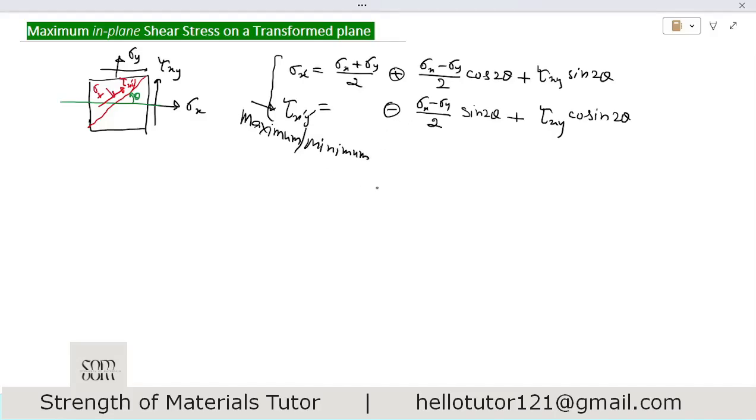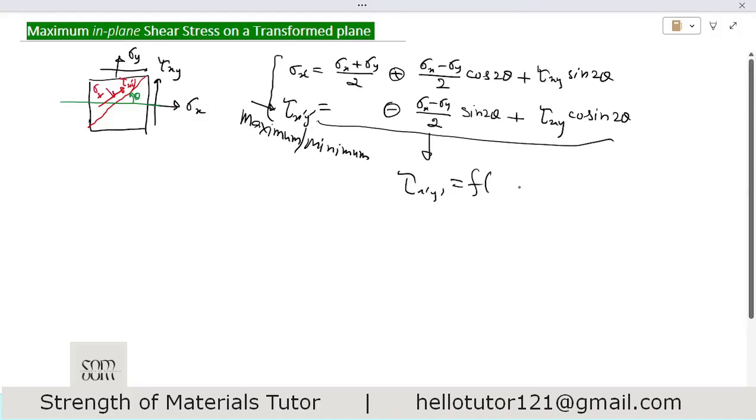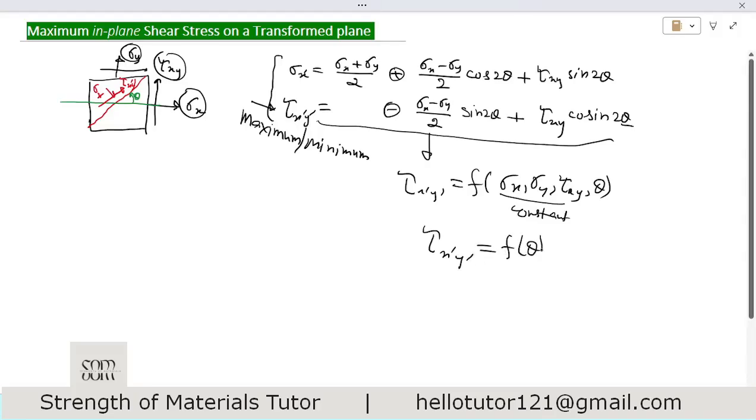Because if you see this, you can see this tau x prime y prime is a function of sigma x, sigma y, tau xy, that is these stresses, right, and also the theta. So the shear stress on this oblique red plane is a function of all of these, but if we keep it constant, so it means shear stress tau x prime y prime is a function of theta only, right?